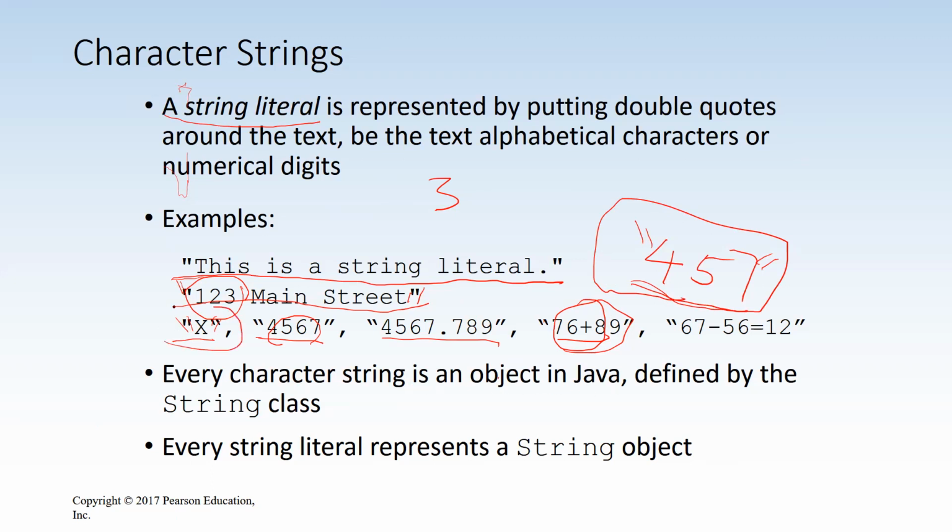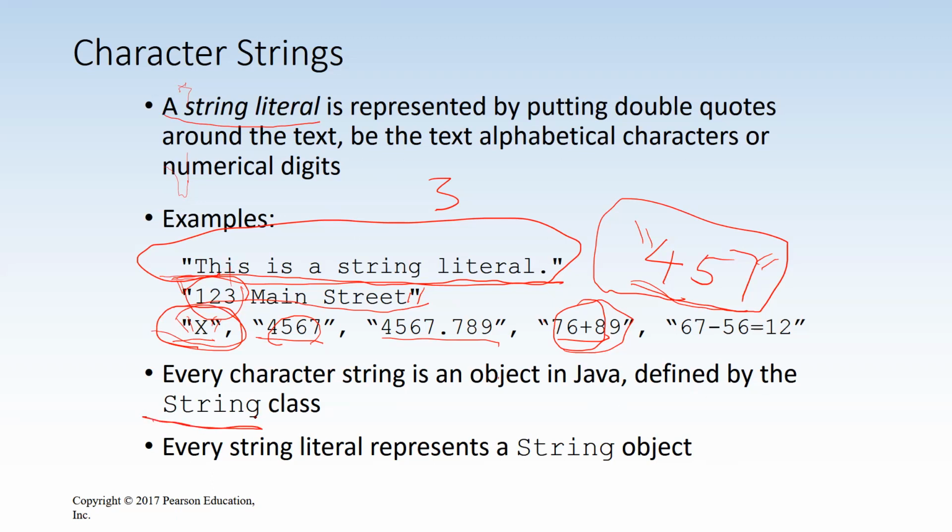Every character string is an object in Java. So this is a character string, right? This is a character string. They are called objects. Remember at the beginning, in chapter 1, we said Java is an object-oriented programming language. Everything in Java is an object. So this string literal is an object defined by the string class.